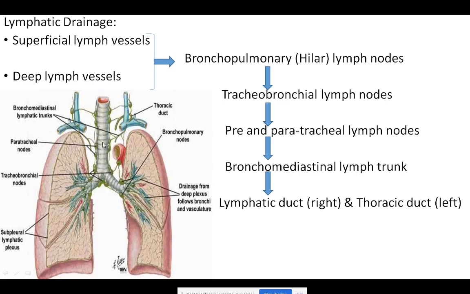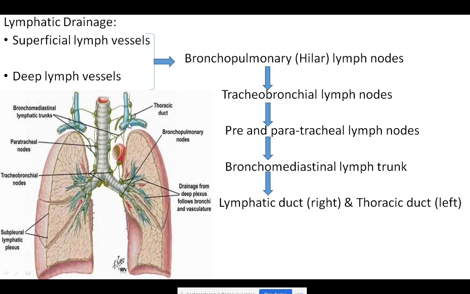In some cases, we have lymph nodes in front of the trachea known as pretracheal lymph nodes. Then from the pre- and paratracheal lymph nodes, it drains into the bronchomediastinal lymph trunk.